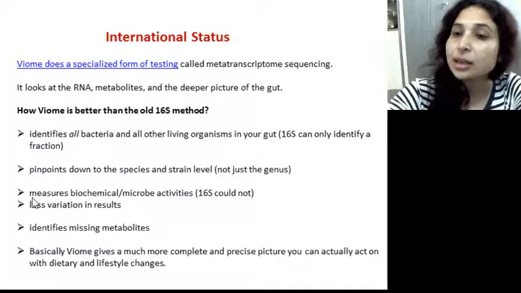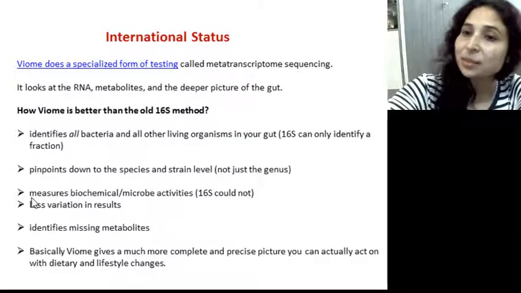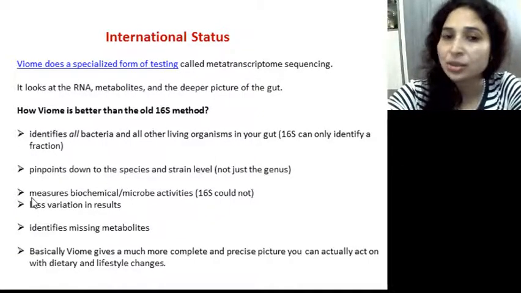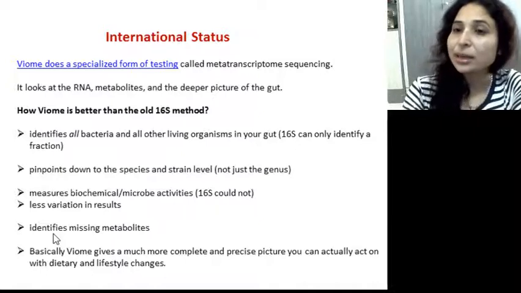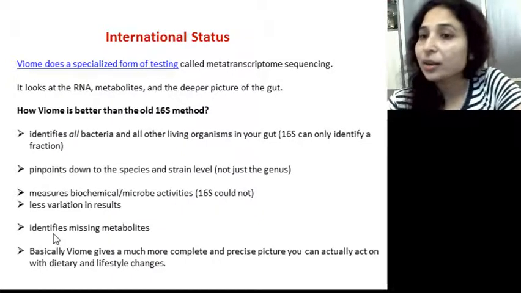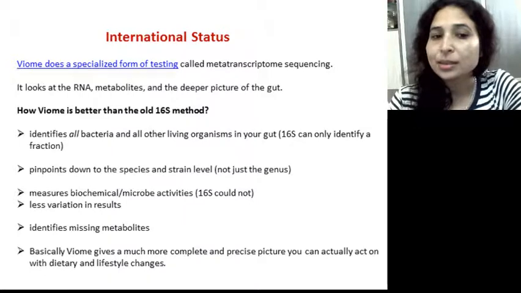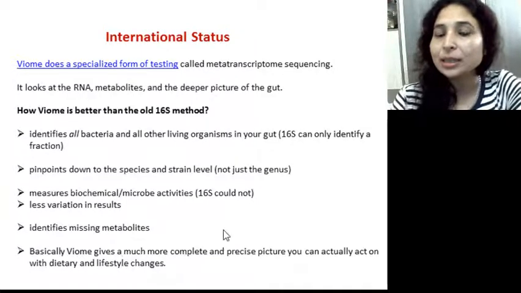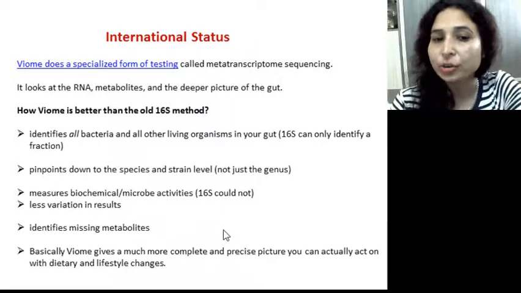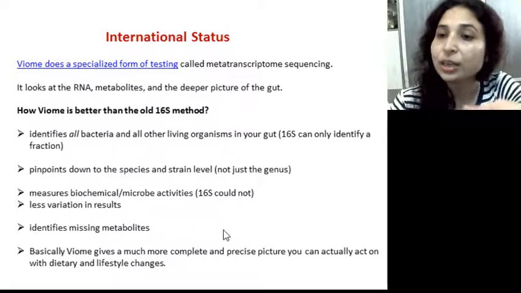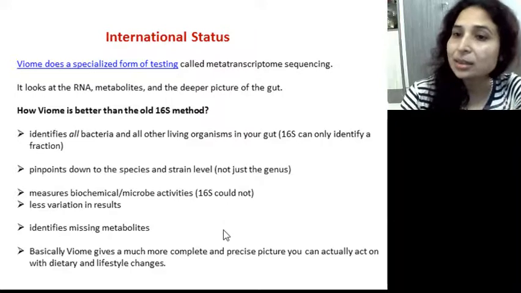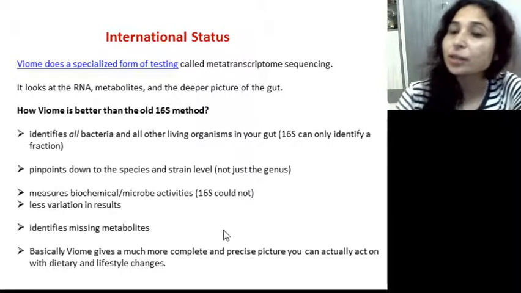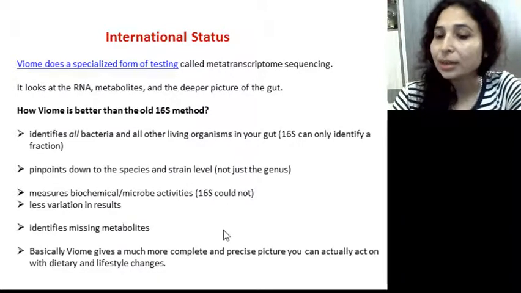The results obtained by this method have less variation. It is able to identify the missing metabolites in the gut of an individual. So basically Viome gives a complete picture of the gut health, and the dietary and lifestyle changes that a person should make for the improvement of gut health.